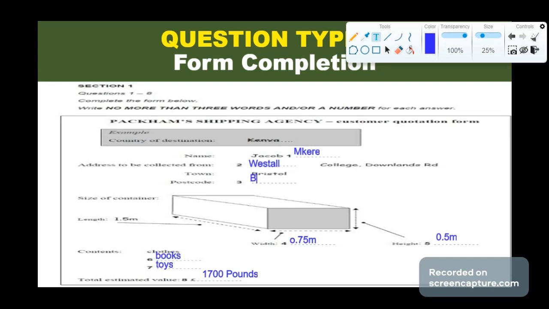So I can change BS8 9PU. Okay, so I make the changes there and then listen further.